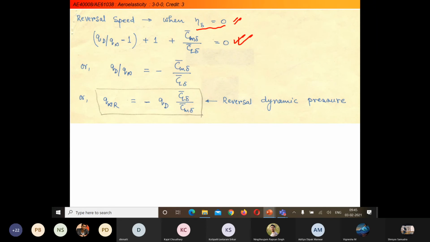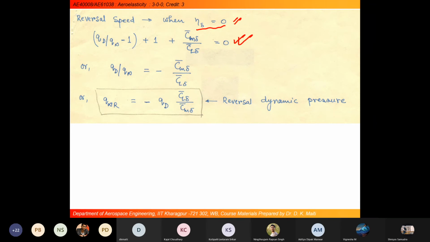Considering that efficiency equal to 0, finally we are getting Qd by Q infinity is equal to, after simplification, these two will be cancelled. So Qd by Q infinity will be minus Cm delta bar by Cl delta bar. So finally this condition, what we are considering as the control reversal or reversal dynamic pressure, I can calculate substituting in this expression.